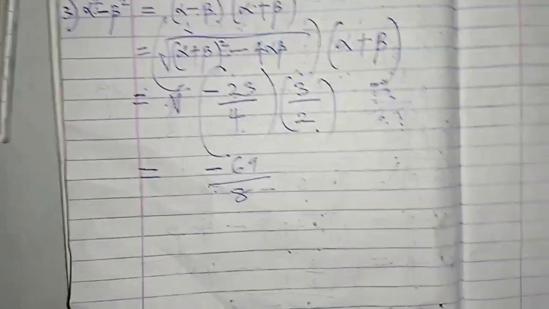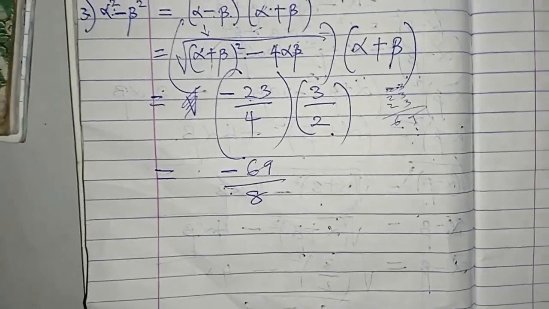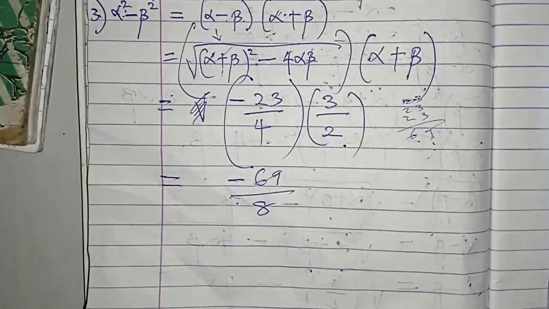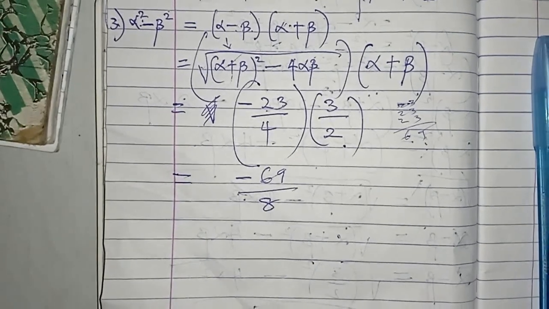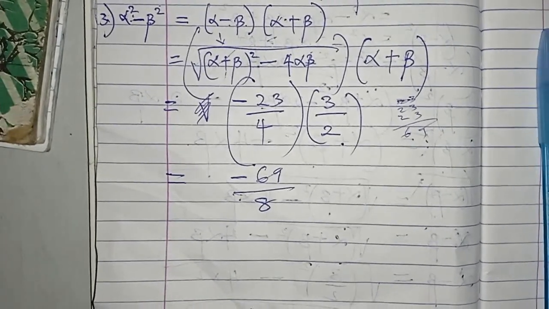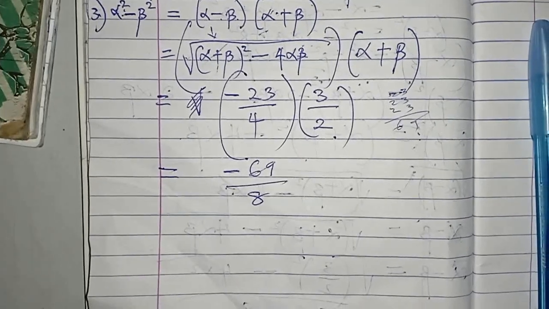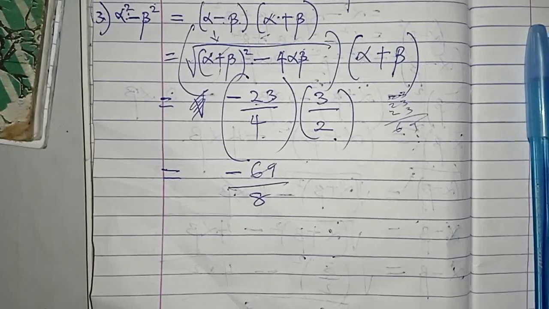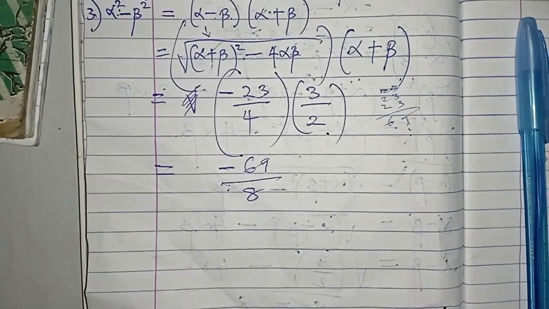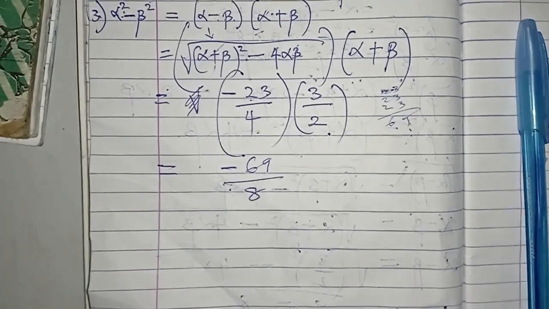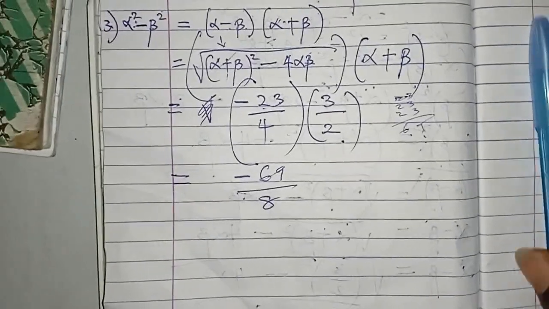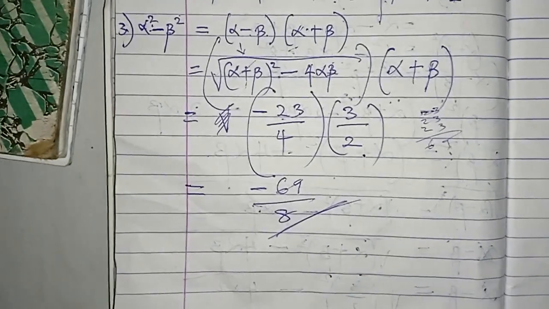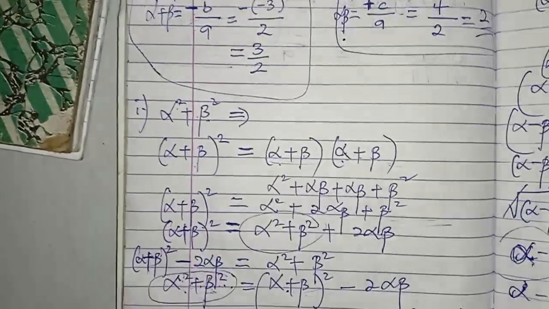If you look at it very well, there's nothing common to 69 and 8. 9 is an odd number, 8 is an even number, so nothing is common. If I do 69 divided by the factors of 8, not even 4 can go. I'll leave it as a fraction because I don't want my answer to be a decimal. So it's minus 69 over 8. That's my answer. Let's move to the next one.